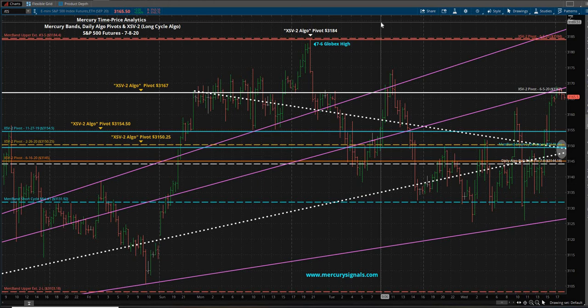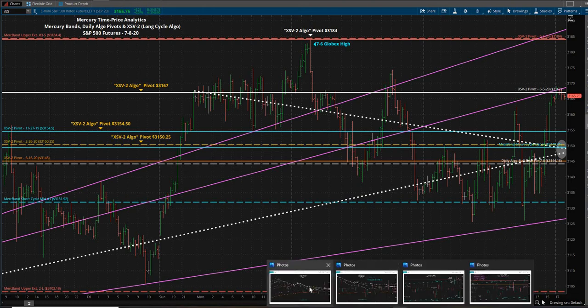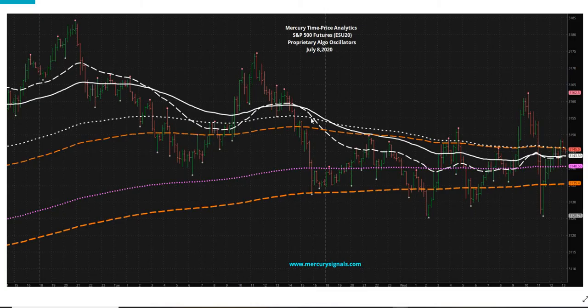So we're going to come back to this big picture chart, but I want to deconstruct this a little bit just to put in perspective what an important juncture and decision-making point the S&P futures are at right now. So I've got a few screenshots already prepared. What you see on this screen are the algorithmic oscillators.